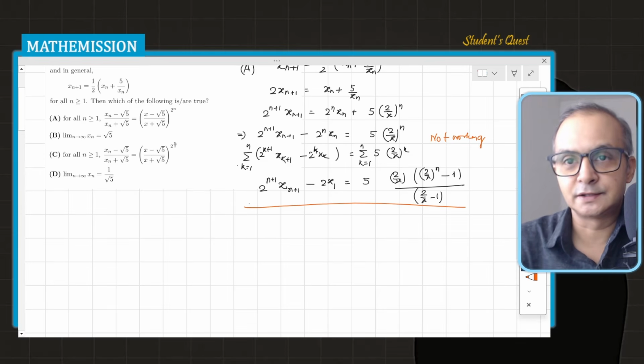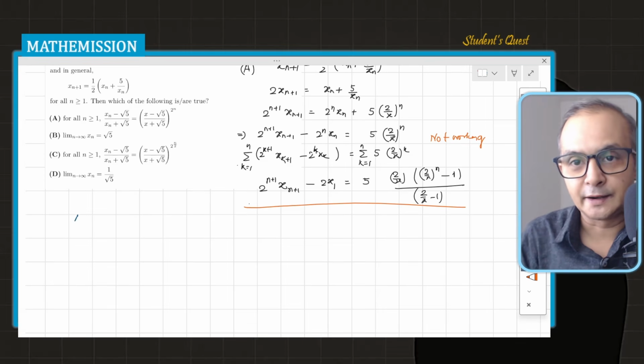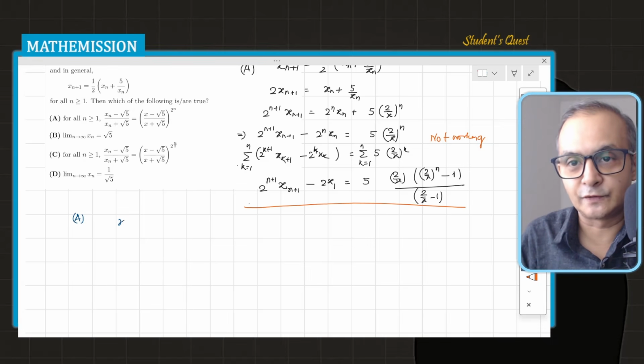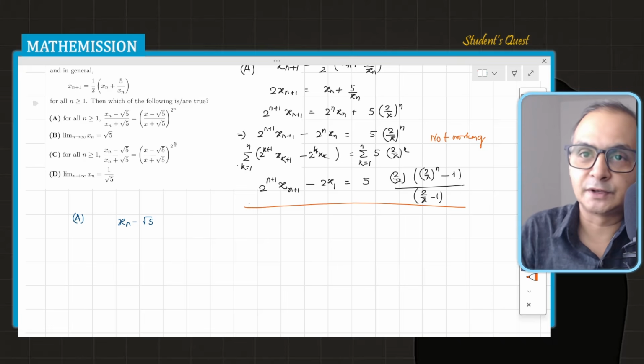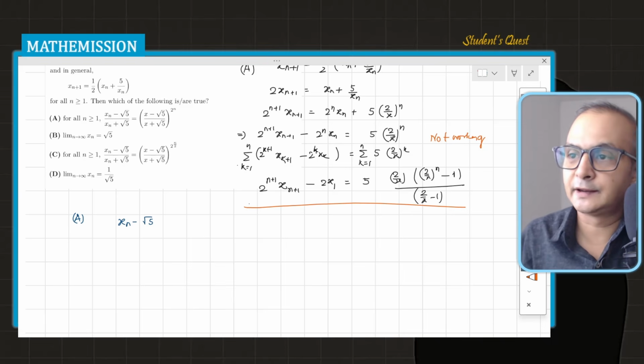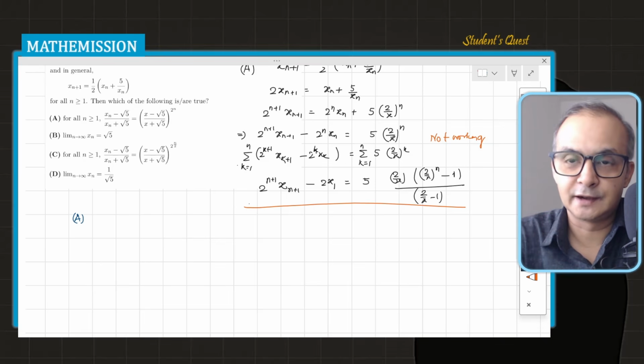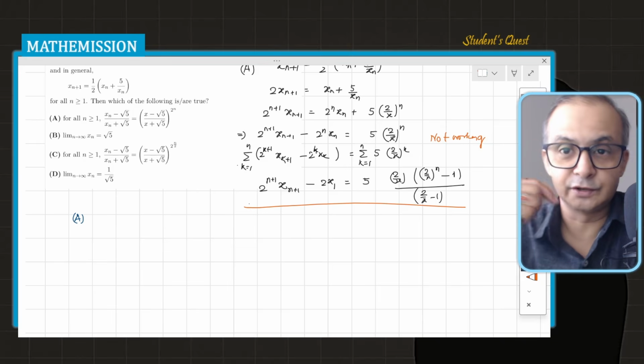So let's think here. This is part A, I'm going to do it again, because xn minus root 5 is here. So let's find out xn minus root 5. Since xn plus 1 is given, I can directly use xn plus 1 minus root 5, and then whatever expression I get, in that expression I will substitute n equal to n minus 1.